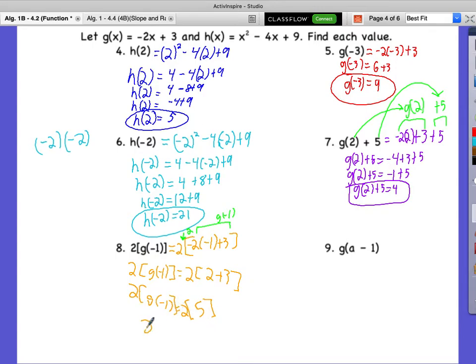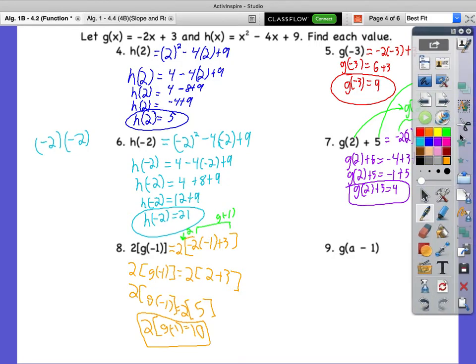You did the 2 times 2 and then you added 3. How many people have done that? That's why I said we had to do it inside the grouping symbol first. Questions on number 8?